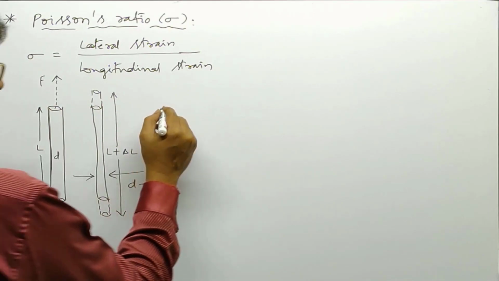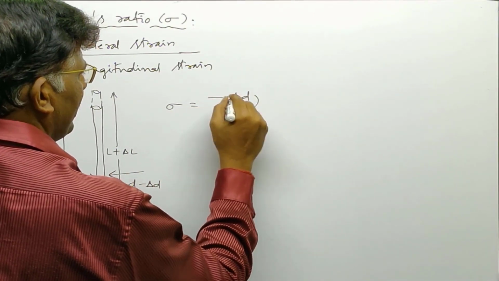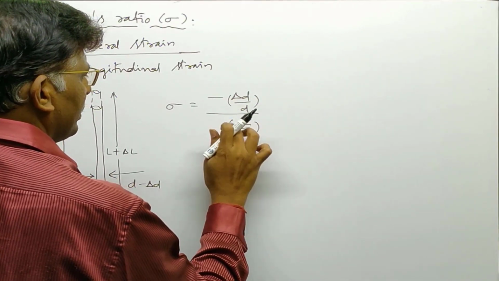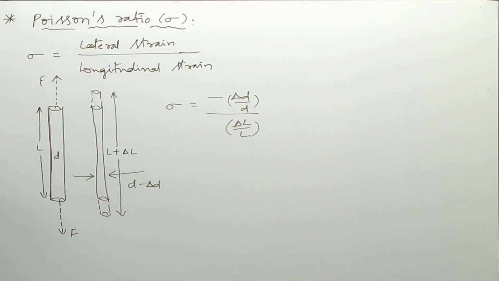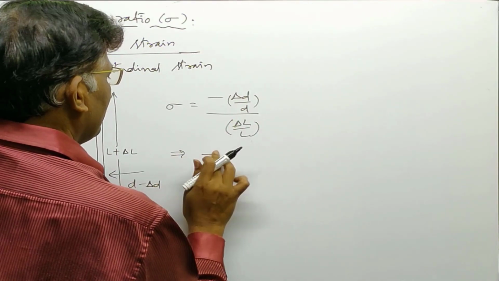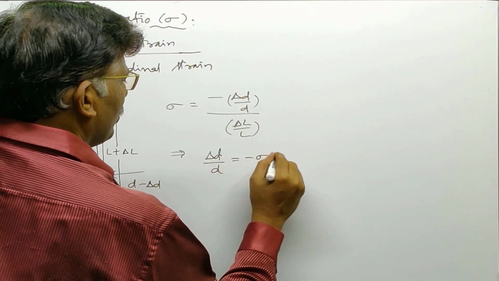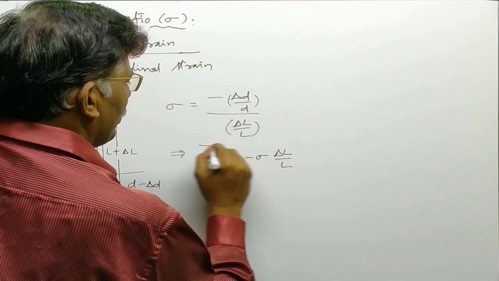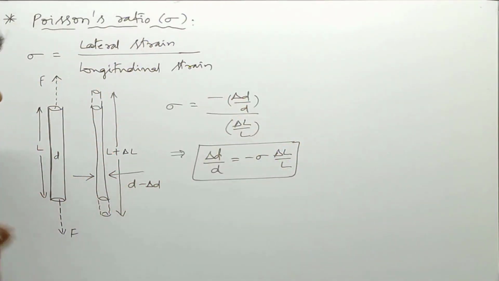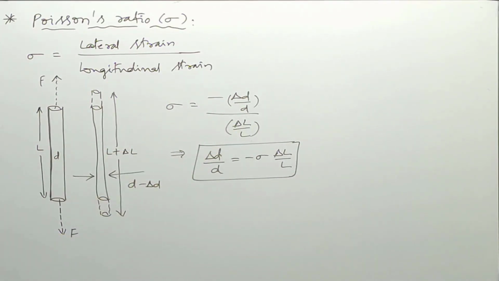Therefore, sigma can be written as minus delta D by D, lateral strain, divided by increase in length by original length, that is longitudinal strain. That implies delta D by D is equal to minus sigma into delta L by L, where the negative sign indicates that diameter decreases when length increases.